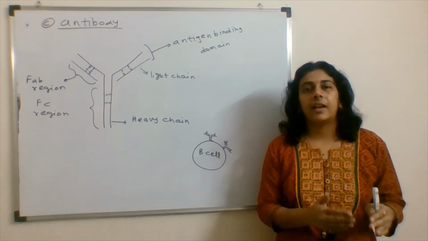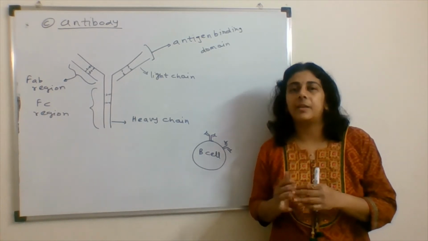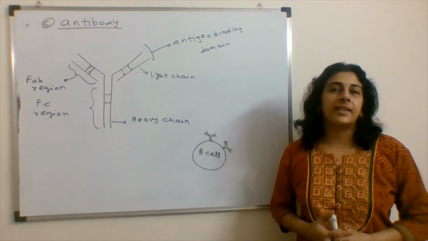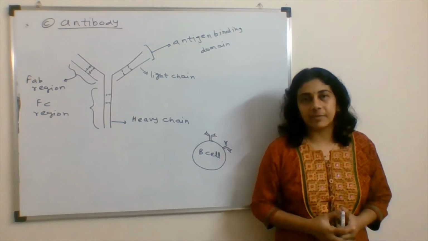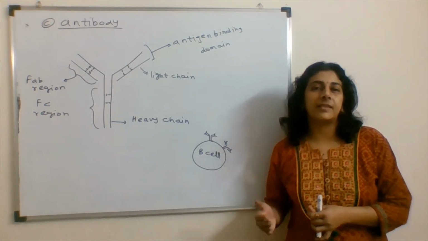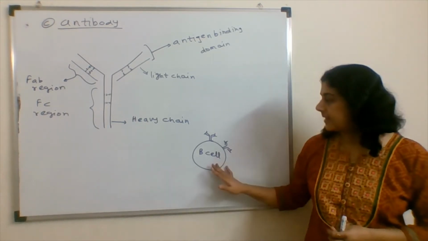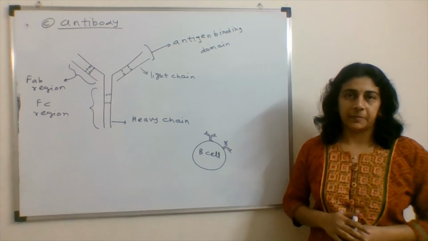One is an active B cell and another is a memory cell. The active B cell we call a plasma cell, and the other B cell remains as a memory cell.